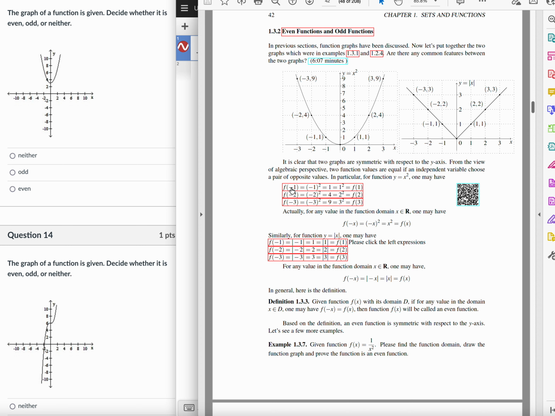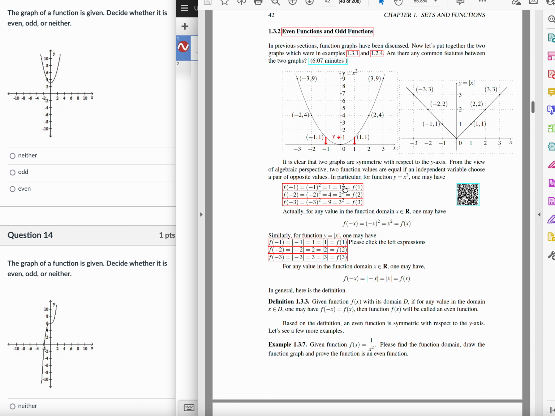Even function like this one, you can see y equals x squared. When you plug in -1 into the equation, you have -1 squared is +1, which has the same value as when you plug in +1 here.